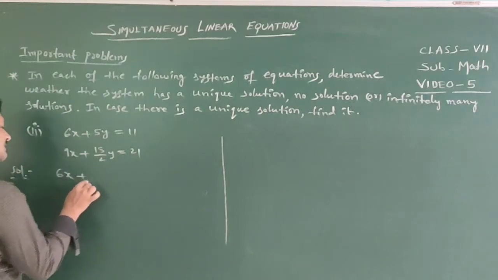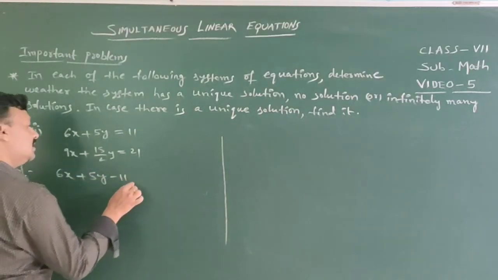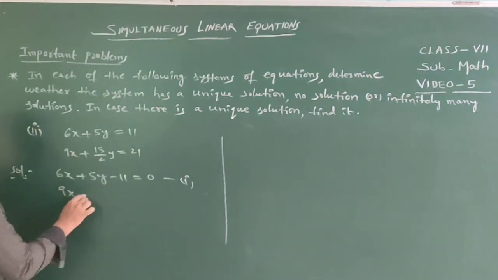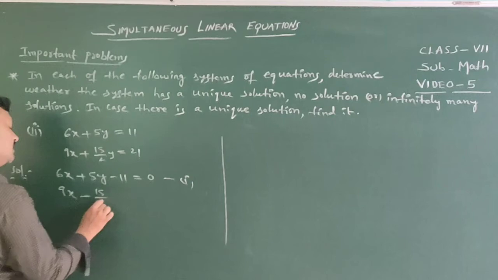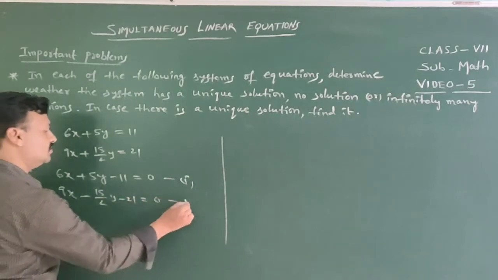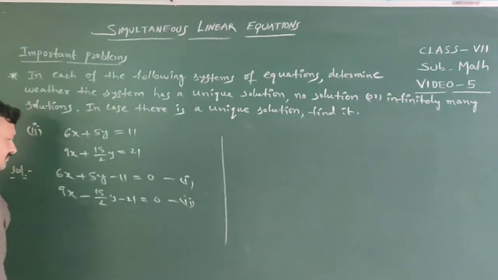Solution: 6x plus 5y minus 11 equal to 0 in the first equation. 9x plus 15 by 2y minus 21 equal to 0 in the second equation.